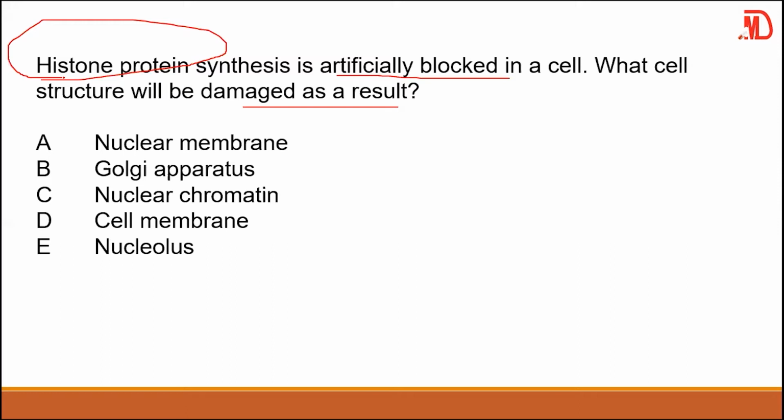Now, without histones, the unwound DNA in chromosomes will be very, very long. So therefore, when histone synthesis is blocked, nuclear chromatin will be damaged. And that is why over here, we are looking at C as our answer.